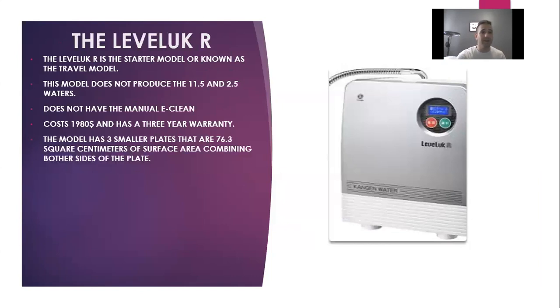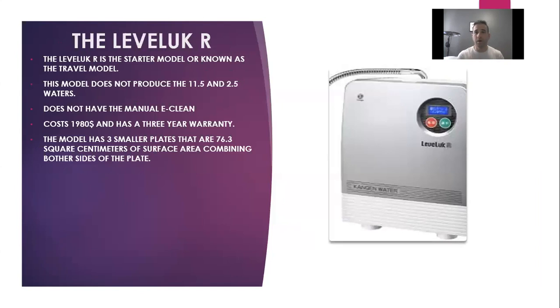The model has 3 smaller plates that are 76.3 square centimeters of surface area, combining both sides of the plate. Now it's not necessary to memorize the physical sizes of the plates, but Enagic has basically two plate sizes.